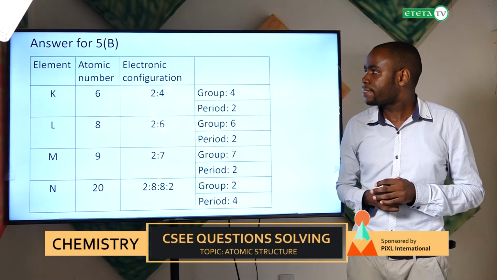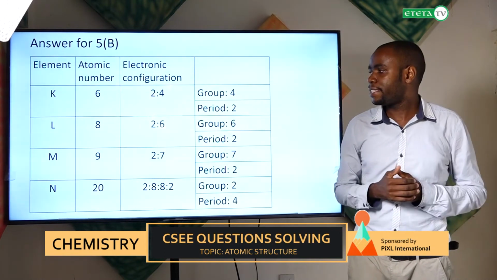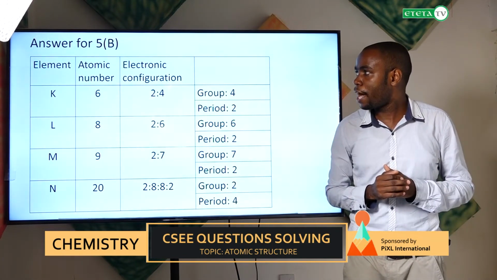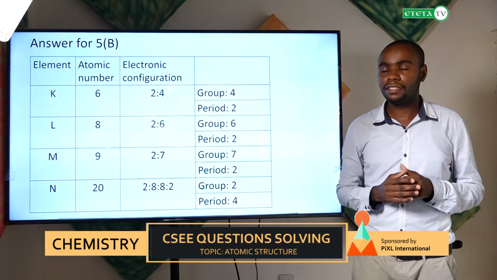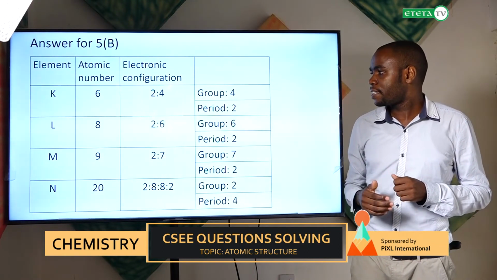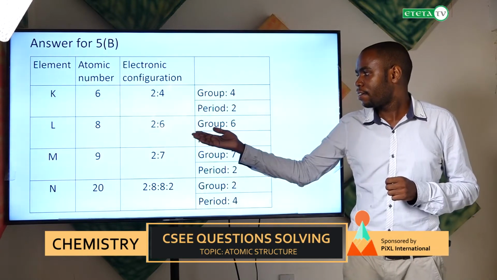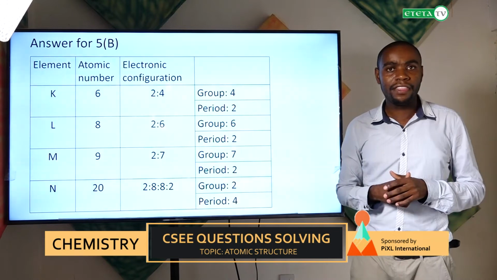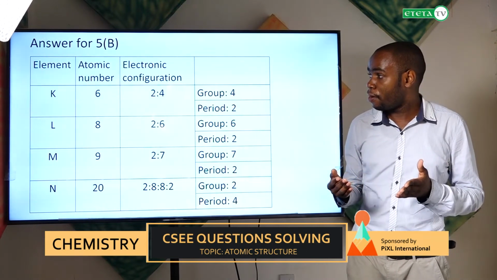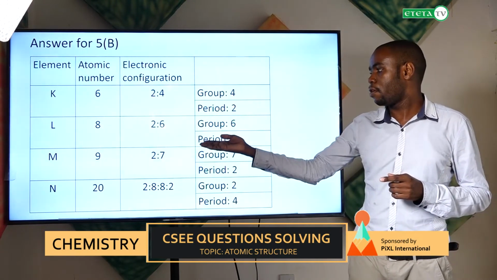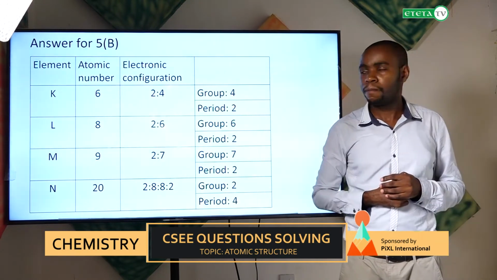Element L has atomic number 8, so its electronic configuration is 2, 6. The number of electrons in the outermost shell is 6, so the group is 6, and the number of shells of element L is 2, so it belongs to period 2.